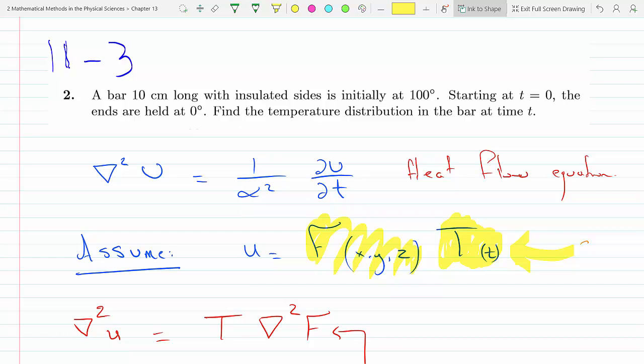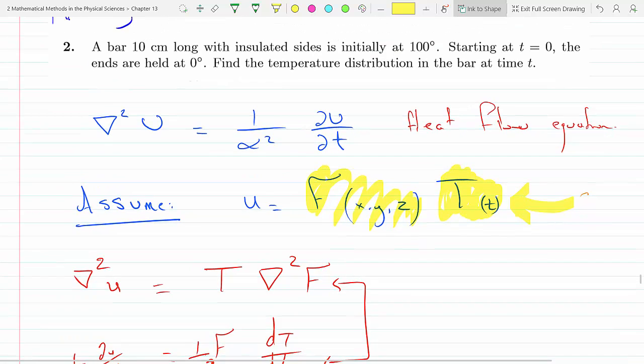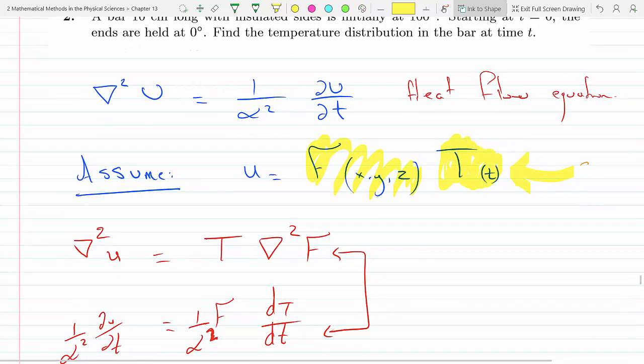So as far as del squared U is concerned, T is a constant. So this will be T times del squared F. The same thing for dU over dt: F would be a constant, and dU over dt would just be F times dT over dt, right?